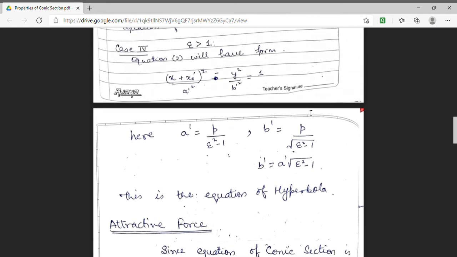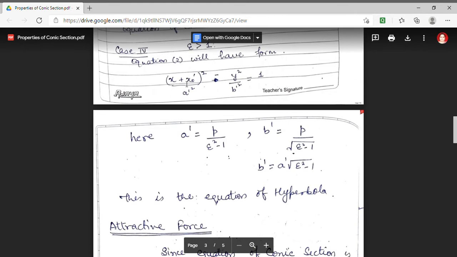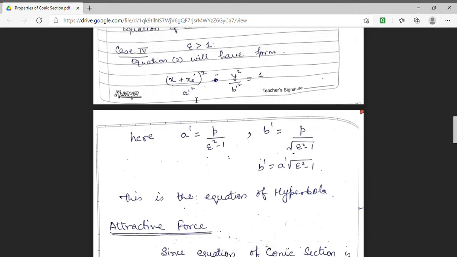Similarly, for b dash we will have it equal to a dash under root epsilon square minus 1. And the equation will be (x plus x0 dash) upon a dash square minus y square upon b dash square equal to 1. And we know that this is an equation of a hyperbola.